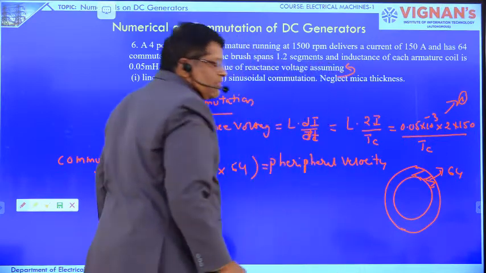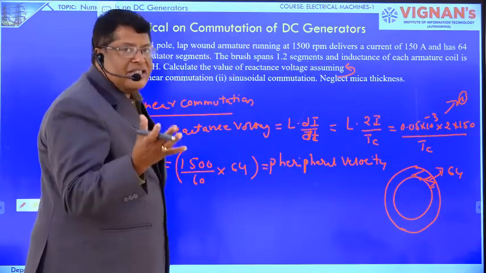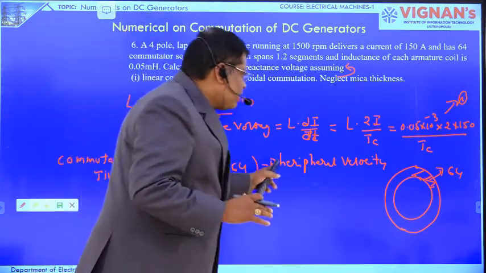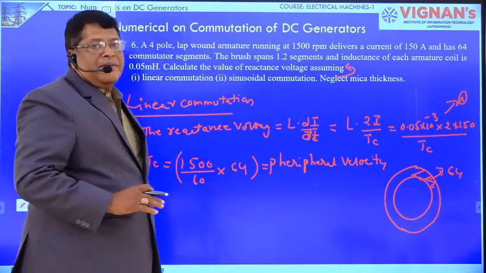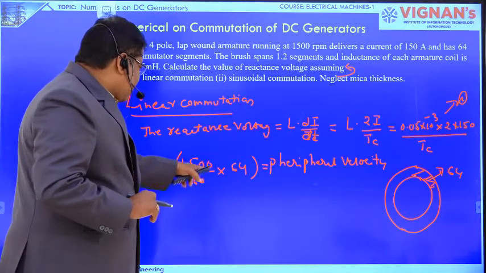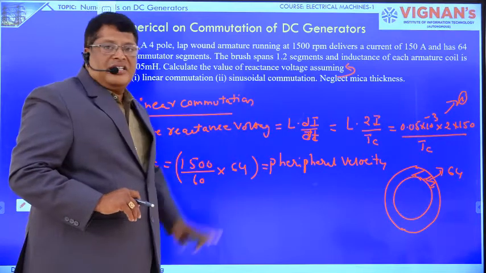So in 1 second, how much distance is traveled? How many segments are completed? That is the peripheral velocity in terms of commutator segments. 1500 divided by 60 into 64. This is nothing but the peripheral velocity.